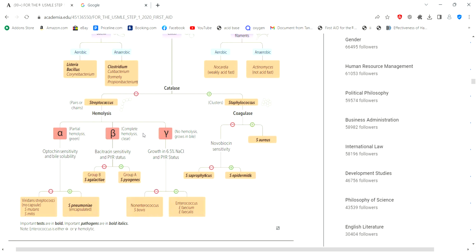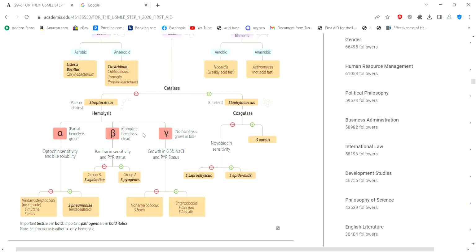Group B, which is Streptococcus agalactiae, is resistant to bacitracin, and PYR status will be negative. I just remember they're both negative, so bacitracin and PYR status are both negative in Group B strep. That's how I remember it. But whatever works for you.